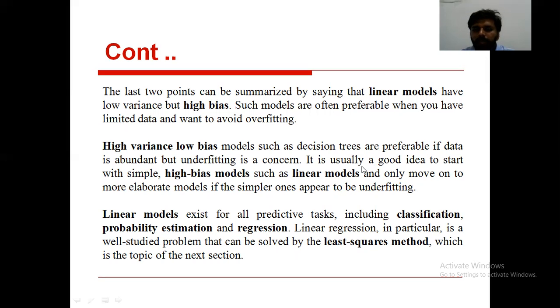Both are important. Tree models, rule models, as well as linear models, all are important. But depending on the data set size, we choose the appropriate model. Which model we need to use is decided based on the data set size. Linear models are usually used to perform classification and regression kind of tasks.